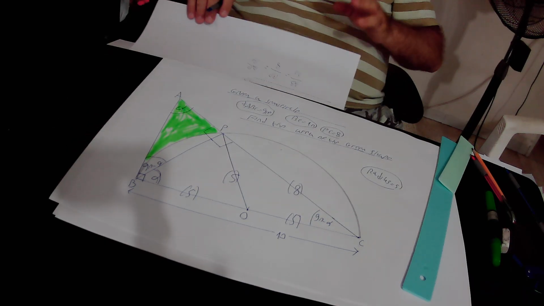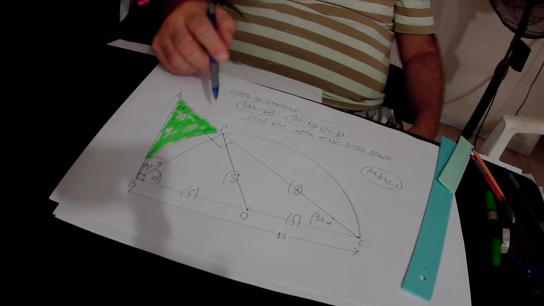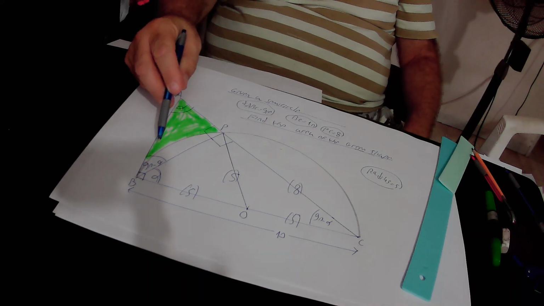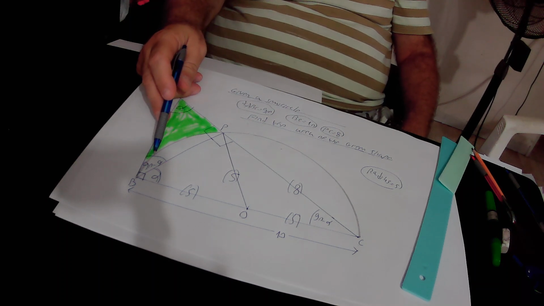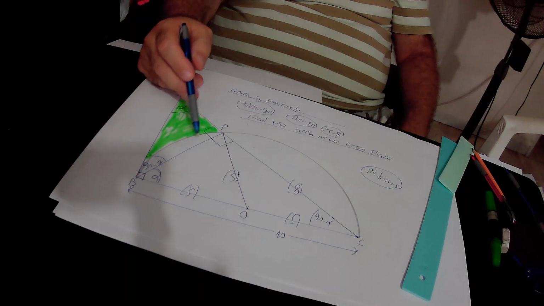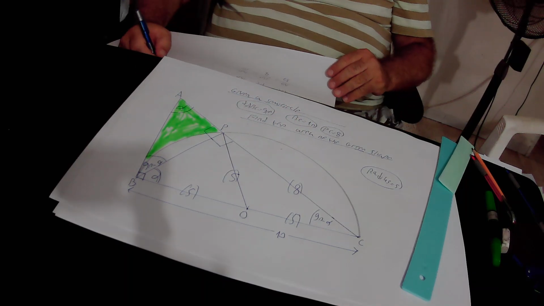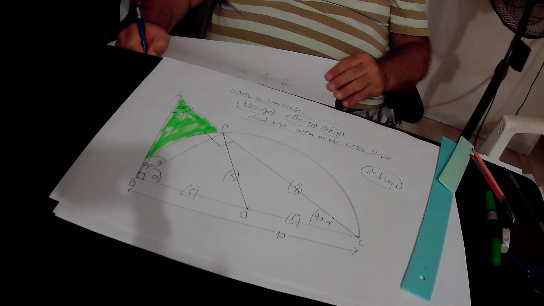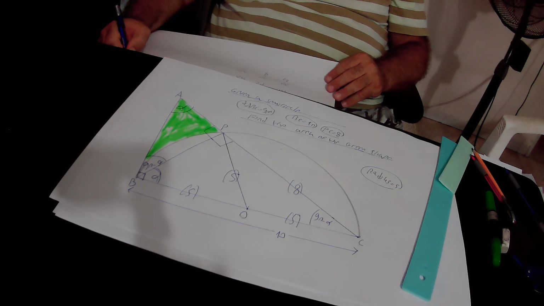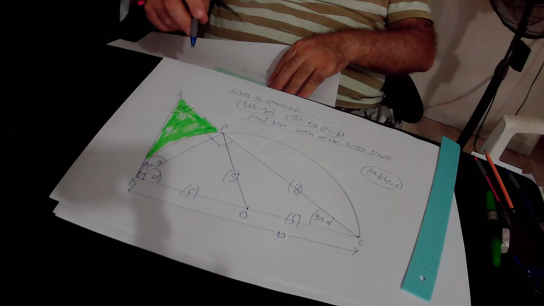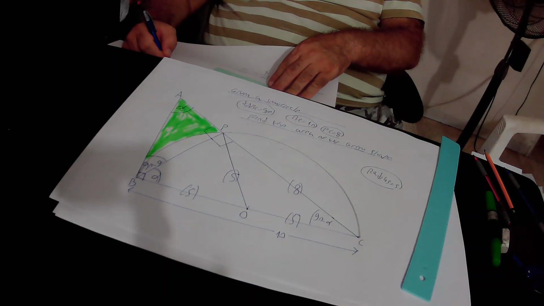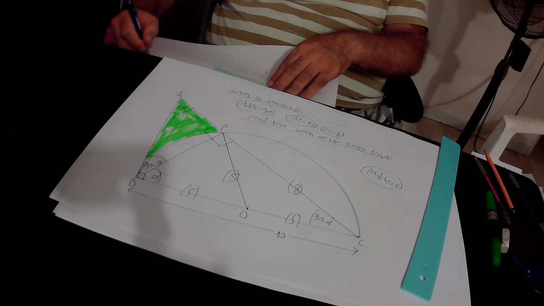But before that, we'll implement the Pythagoras theorem on the right triangle BPC in order to find the missing side PB. So in this right triangle BPC, by the Pythagoras theorem, BC squared, that is the square of the hypotenuse, is equal to BP squared plus PC squared.